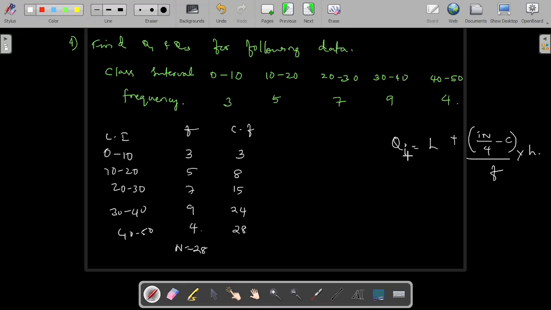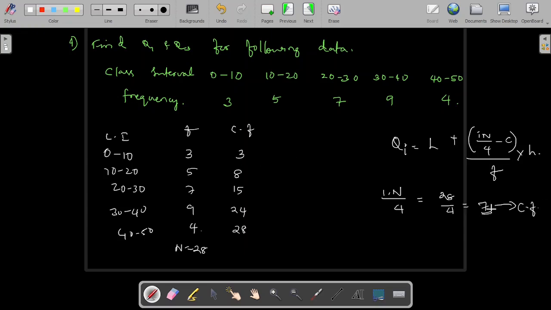The first quartile class is for Q1, the second quartile class is for Q2 and the third quartile class is for Q3. Now to find Q1 we need 1 into N divided by 4, that is 28 by 4, which is 7.